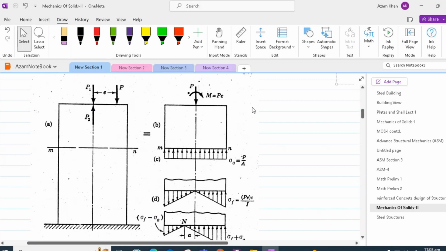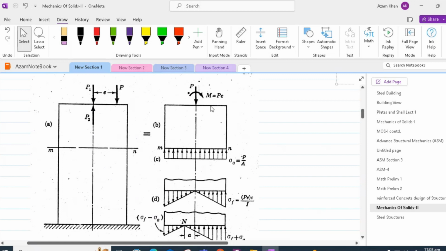The stresses across any typical section mn are the result of the superposition of the direct compressive stresses and the flexure stresses. Thus, sigma A is equal to P by A, the compressive stress, and sigma F is equal to P times E times C over I, the flexure stress.